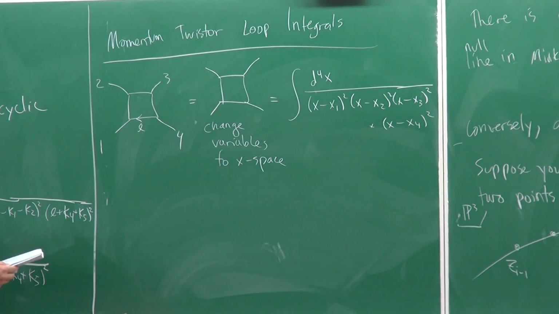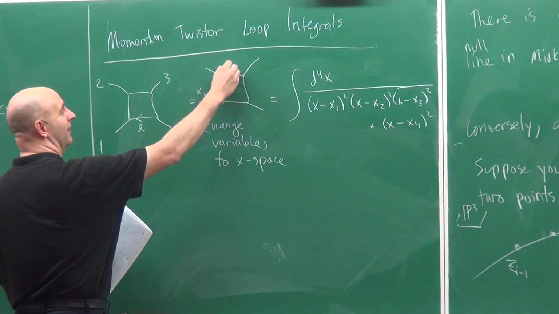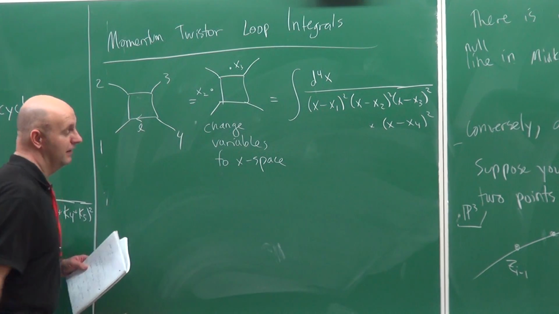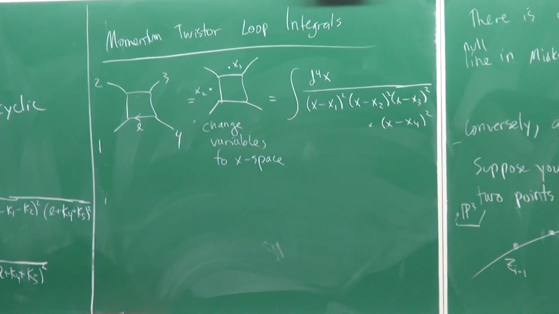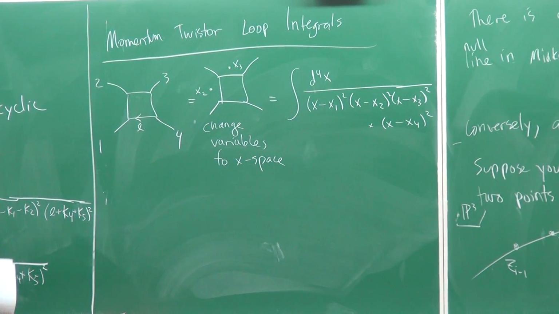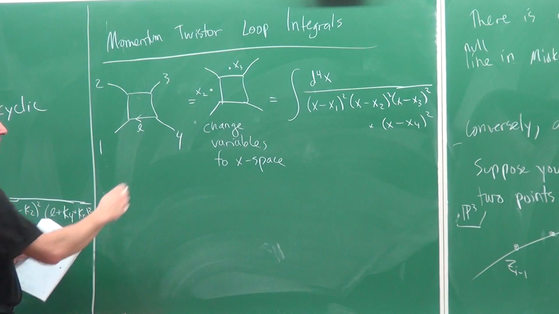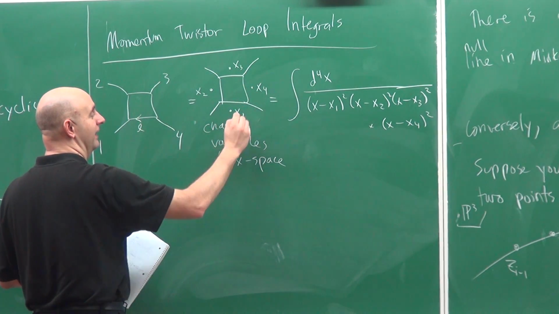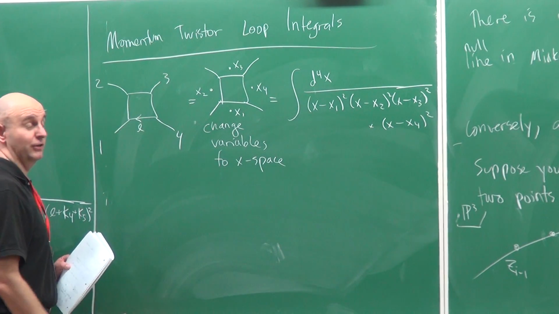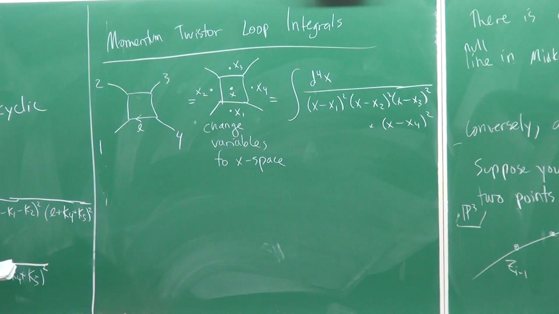In X space, you're introducing variables for each face of this diagram. Remember the relations that tell you that pi is given by xi minus xi plus 1. So this face is naturally associated with x2, that with x3, x4, x1. And then each loop integration face is associated with some variable that you have to integrate over.